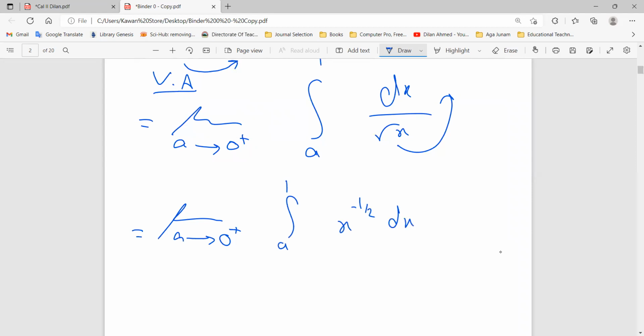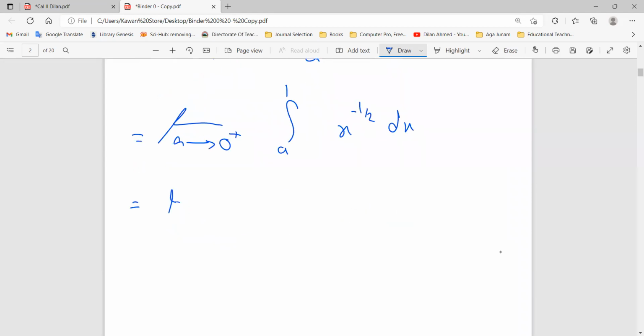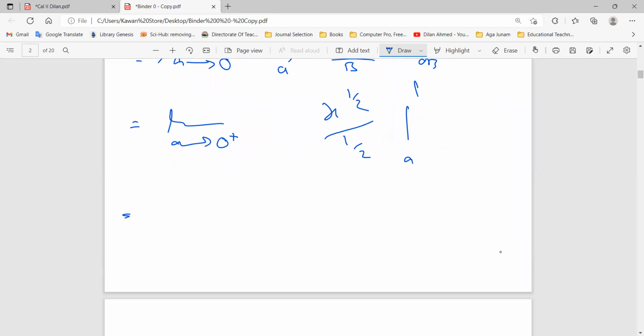You know why? And then, forget about the limit, just try to solve the integral, and you know that one will be x to the 1 over 2, over 1 over 2, from a to 1. Am I right? The result of the integral is plus 1 over 1 because we have box d box. Okay, then again forget about the limit.